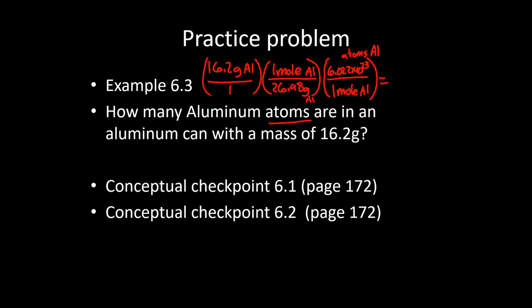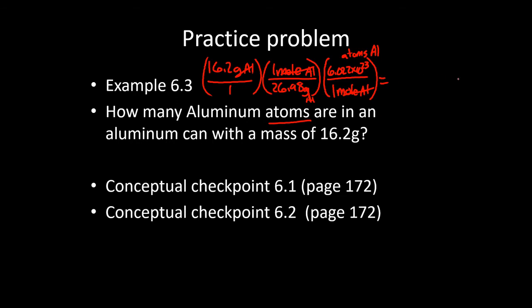All right, let's see, where did I put my calculator? There it is. If I do the math here, grams of aluminum cancels, moles of aluminum cancels, leaving me with atoms of aluminum. So 16.2 divided by 26.98 times 6.022 times 10 to the 23rd.